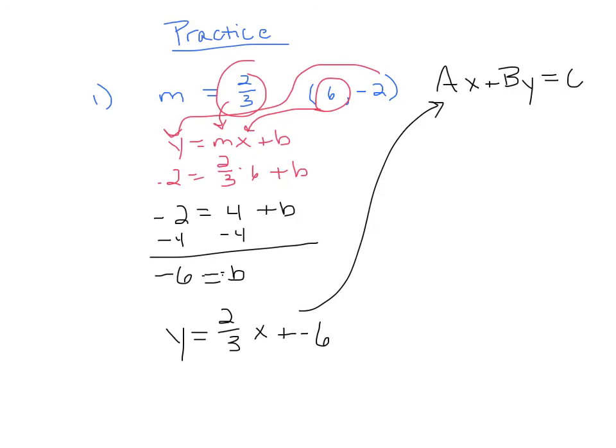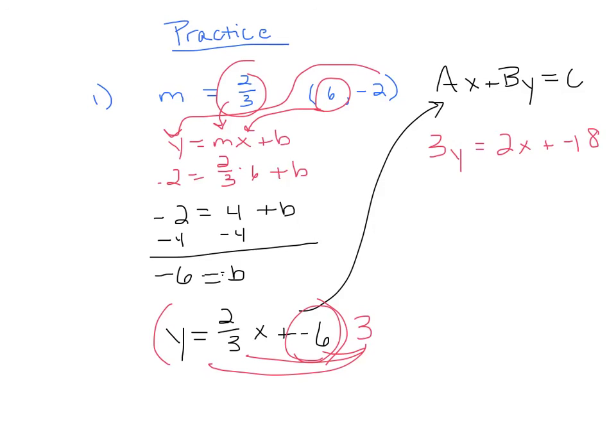The two requirements are x and y on the same side, and all integers. I'm going to take care of the integers first. Common denominator is 3. We'll multiply everything by 3. So we get 3y is equal to 2x plus -18. Don't forget to multiply this number out here.